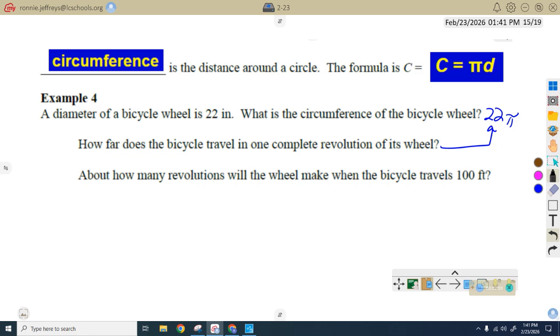Somebody said 360. So it is a circle, but we're asking for distance. Remember, distance, we don't measure in degrees. So it says, how many revolutions will the wheel make for 100 feet? Well, you take 100, you put over 22, and you get 50 over 11.